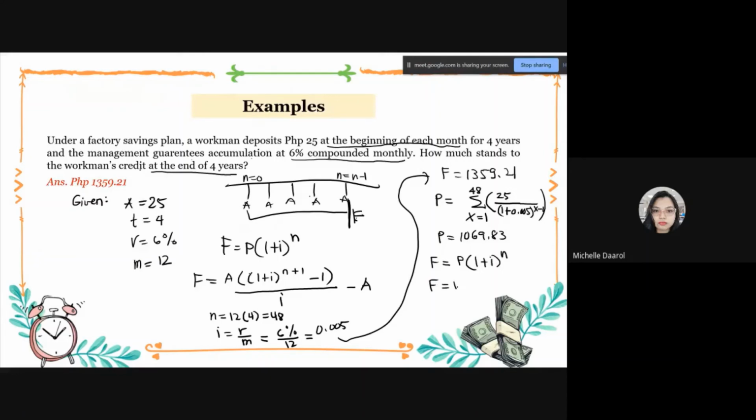So, F is 1069 times 1 plus 0.005 raised to n, which is 48. So, how much is F? So, the answer is still 1359.21.